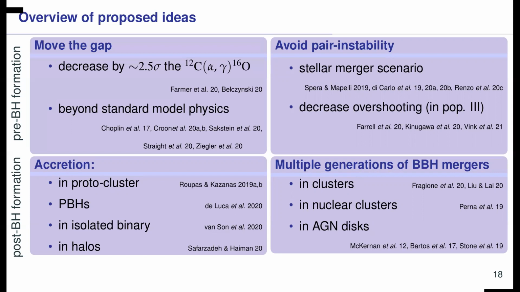So to have multiple generations of mergers, you have to have an environment that is able to retain the product of the first generation merger. And that typically means either nuclear clusters or AGN disks. And then the problem becomes, is the rate high enough to explain the observations?